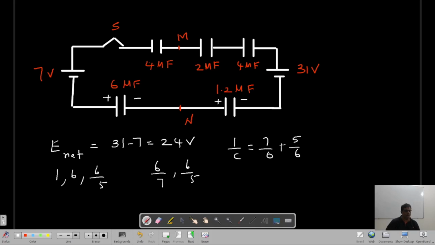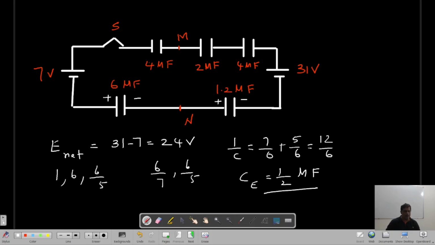So this is equal to 12 by 6, and therefore C equivalent will be 1 by 2 microfarad. That is the equivalent capacitance of this combination. So we have replaced the 5 capacitors with a single capacitor of capacitance 1 by 2 microfarad, and the equivalent EMF of the combination is 24 volt.